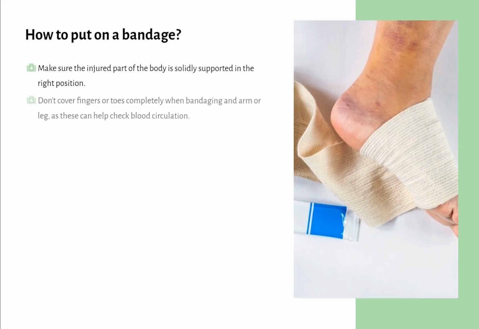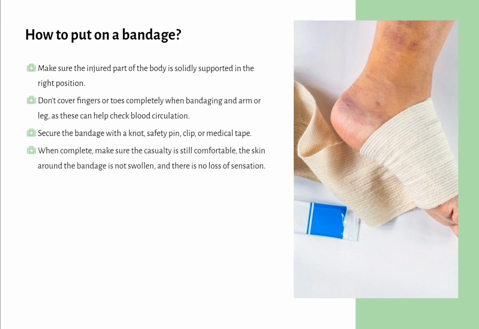Make sure the injured part of the body is solidly supported in the right position. Don't cover fingers or toes completely when bandaging an arm or leg, as these can help check blood circulation. Secure the bandage with a knot, safety pin, clip, or medical tape.